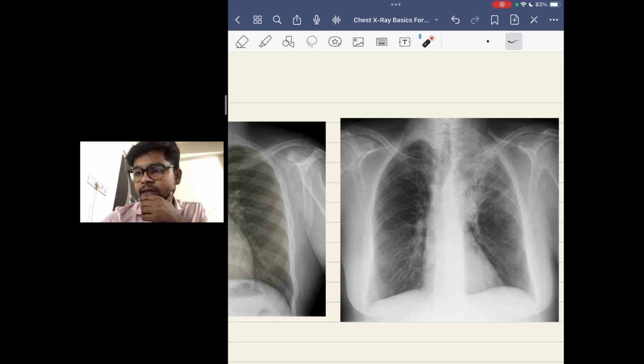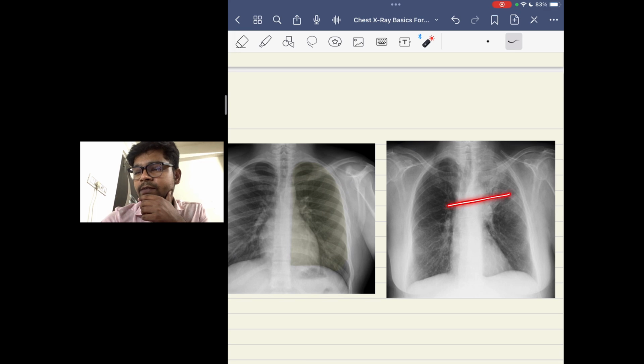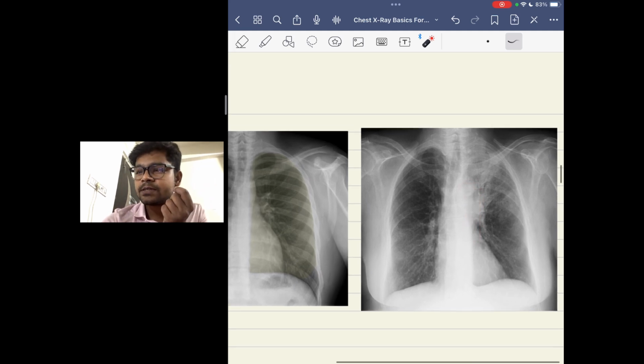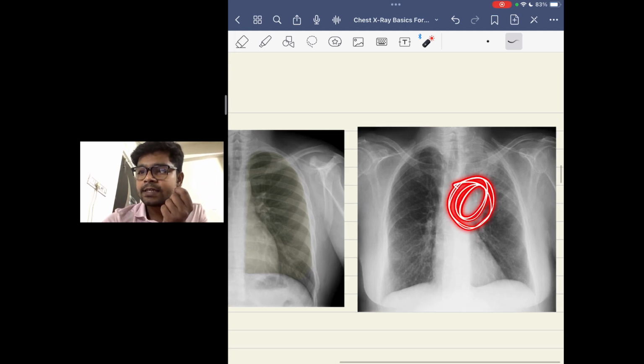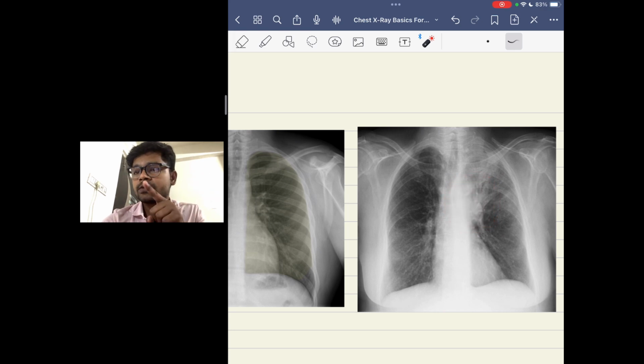You can see that the heart border is properly seen, the angles are clear, the trachea is in the midline, but can you see this portion properly? The superior part of this hilum is not visible. The initial part of the descending aorta is not very visible. There is opacity here. Now whether this is collapse or consolidation, the trachea is in the midline.